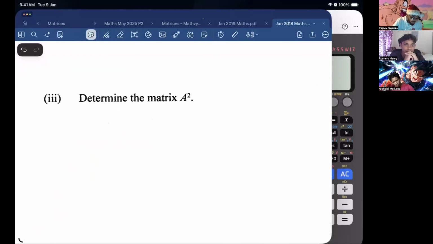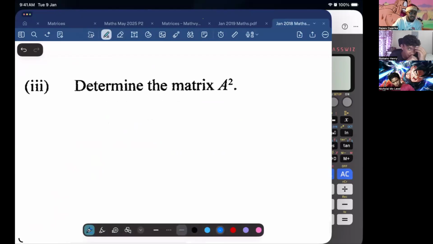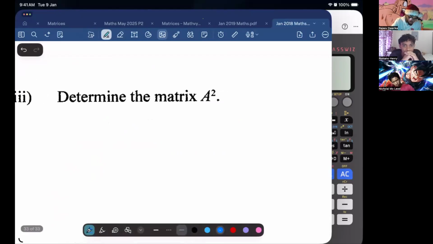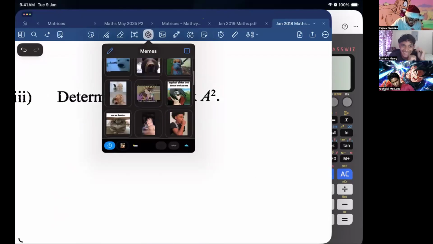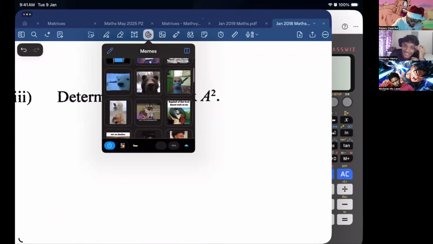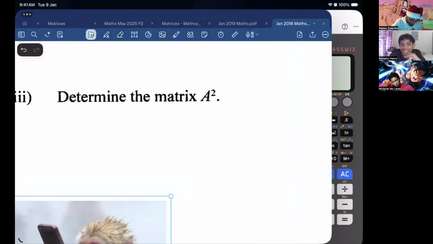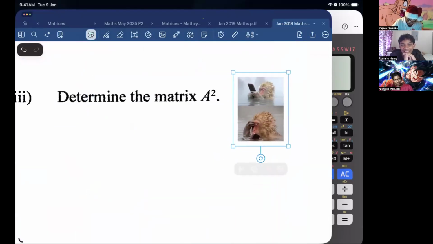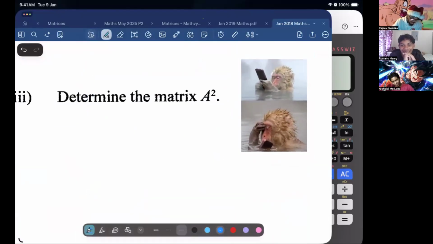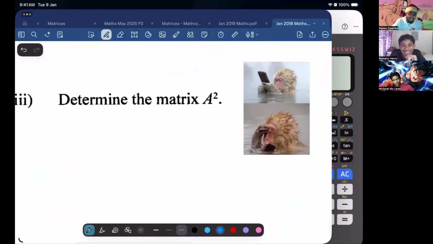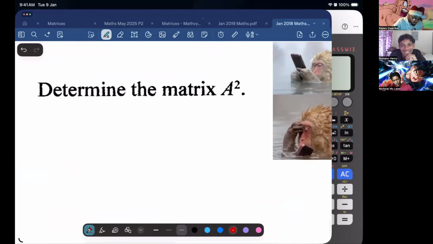Now they want us to find the matrix A squared, right? Don't start to cry. It's not the end of the world. This is actually easy, it is actually fine. Okay, if I tell you 5 squared, what would you do? 5 by 5.